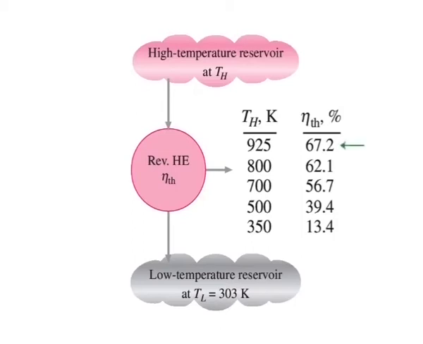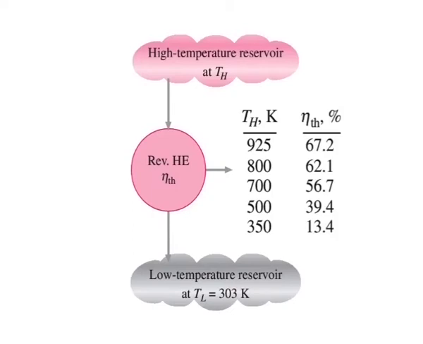Clearly, the thermal efficiency decreases as the source temperature is lowered. When heat is supplied to the heat engine at 500 instead of 925 Kelvin, for example, the thermal efficiency drops from 67.2 to 39.4%. That is, the fraction of heat that can be converted to work drops to 39.4% when the temperature of the source drops to 500 Kelvin.